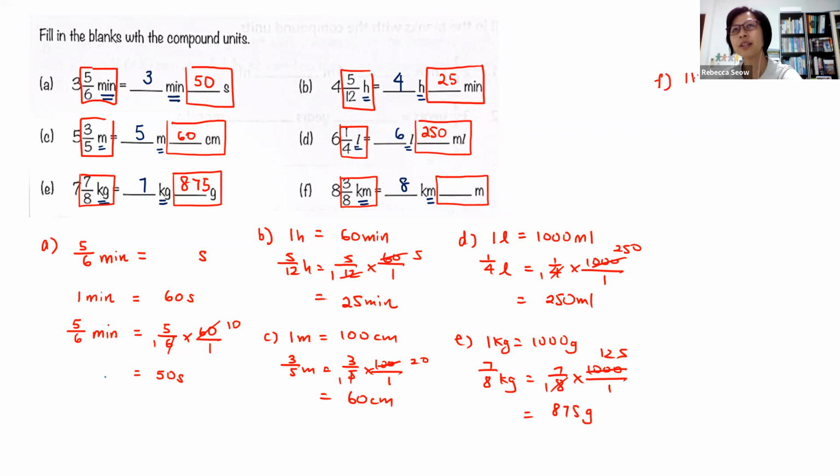So we have 1 kilometer equals 1,000 meters. Here we have 3 out of 8 kilometers. It'll be 3 out of 8 multiplied by 1,000. That would give us 375 meters.